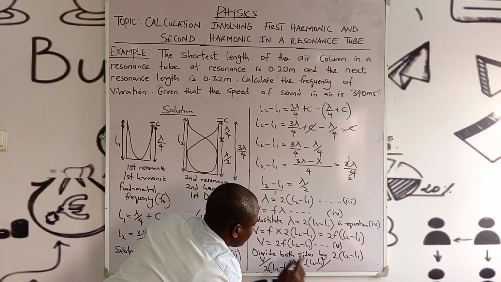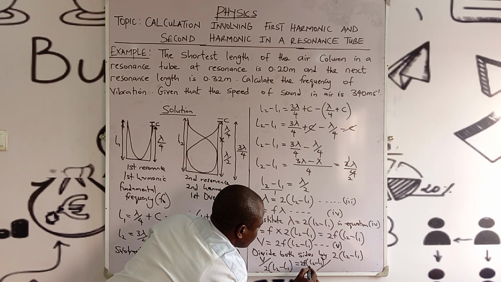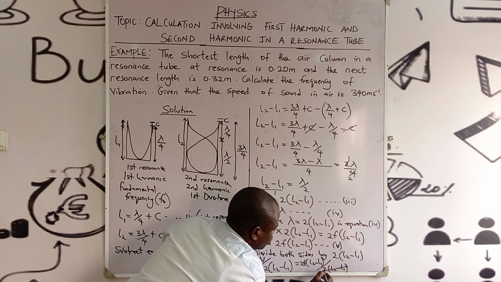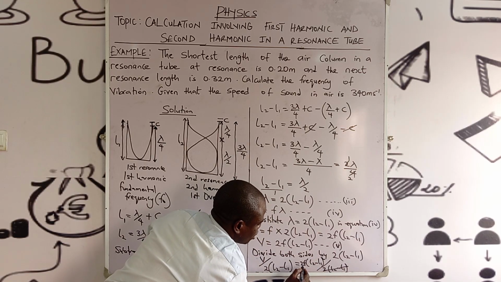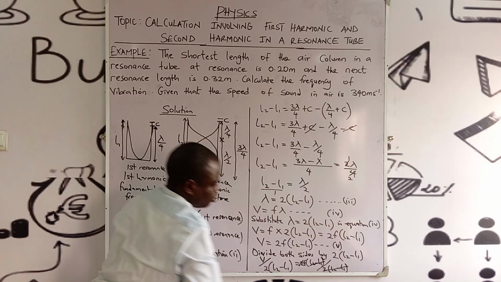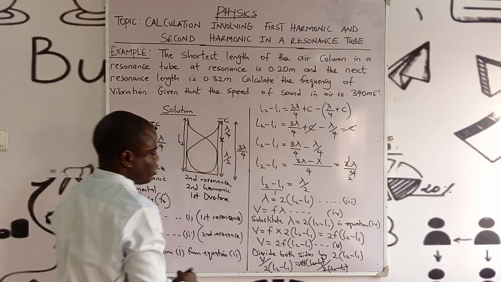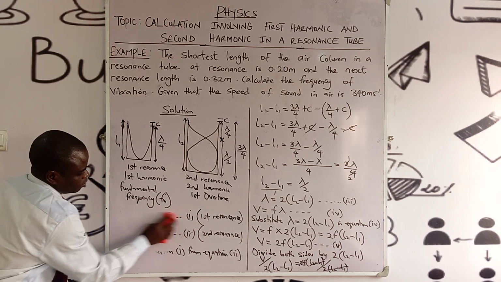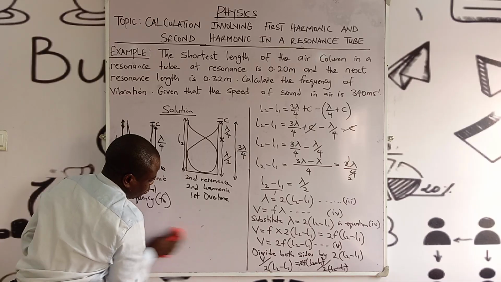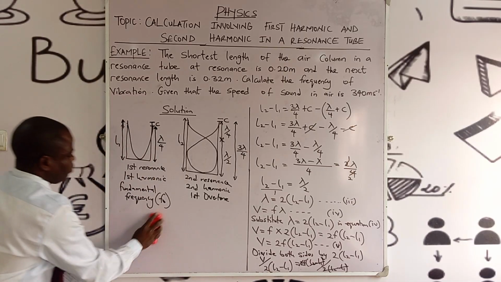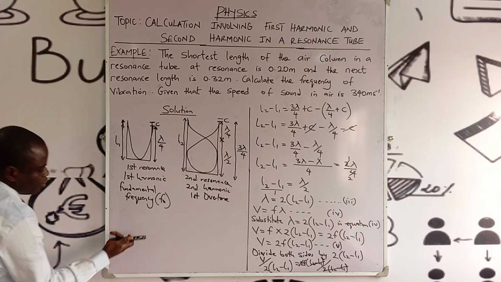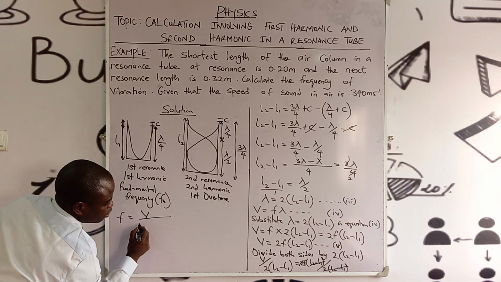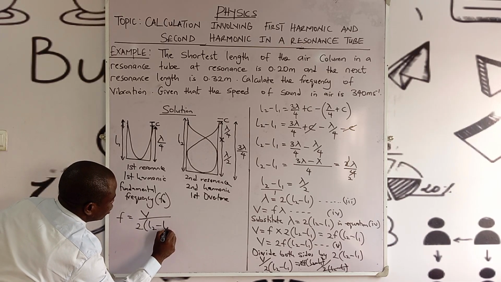Don't forget you have F here. The 2 into L2 minus L1 cancel out, and you are left with frequency. From here, you now have your frequency equals V over 2 into L2 minus L1.